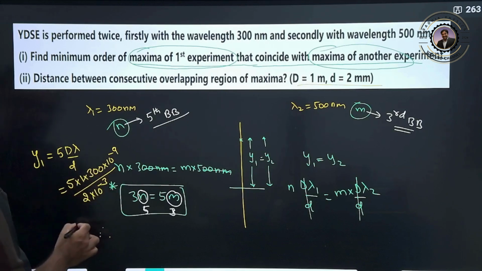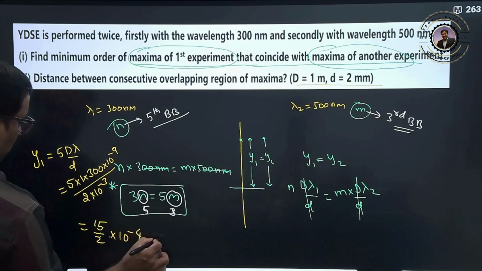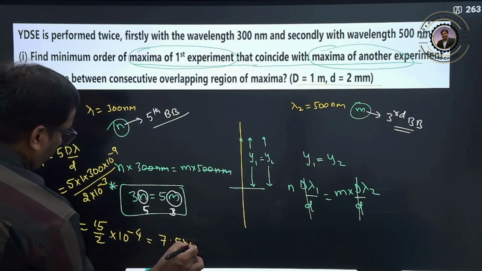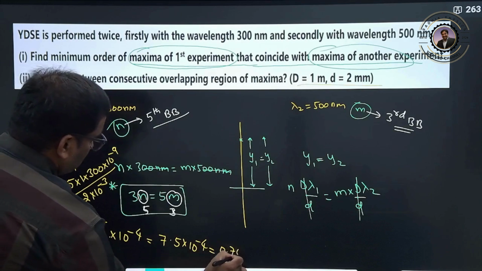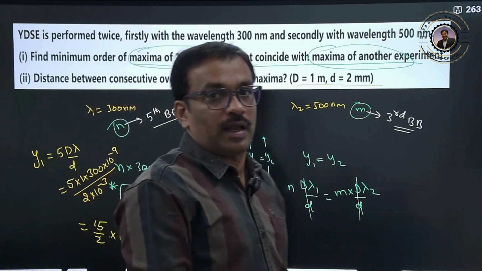So here 15 by 2, taking the top 10 to the power of 5 into 10 to the power of minus 4, so 7.5 into 10 to the power of minus 4, so 0.75 mm will be the distance of overlapping, clear.